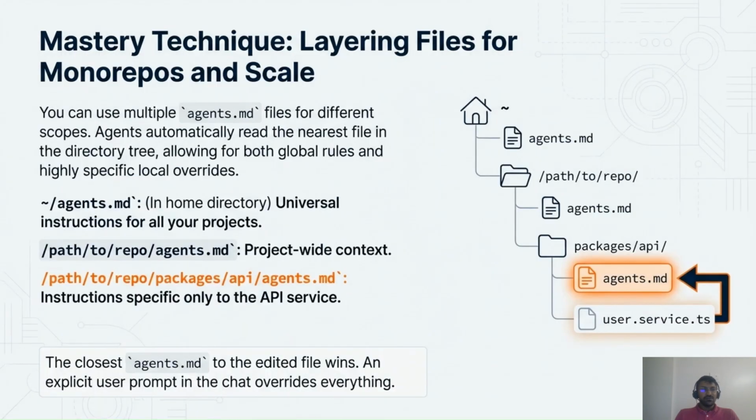Now you must be asking where we need to save this agents.md file. It depends totally on the requirement. If you want the agent to understand the full project structure, add it in the home directory. If you want it for a specific repo, keep it there, so that only that repo's folders are understood when agents run.